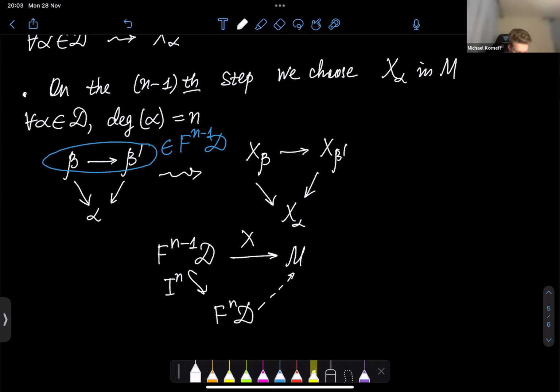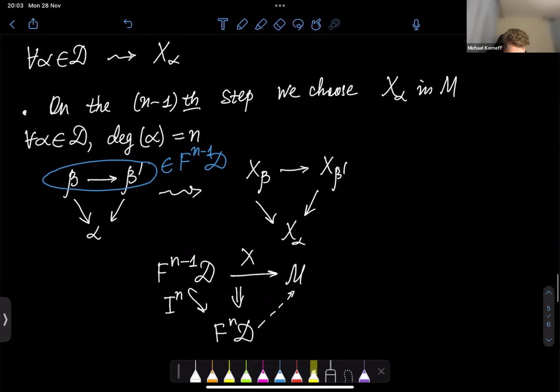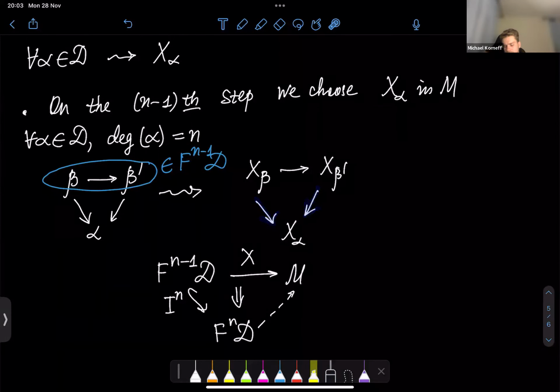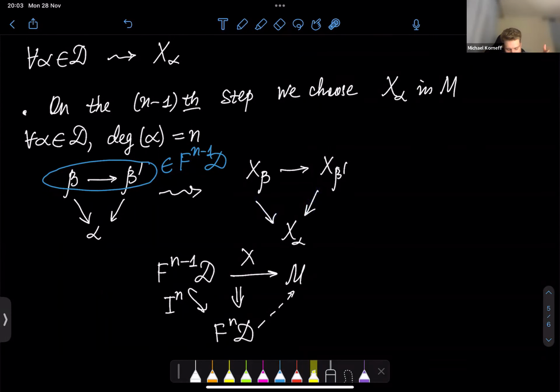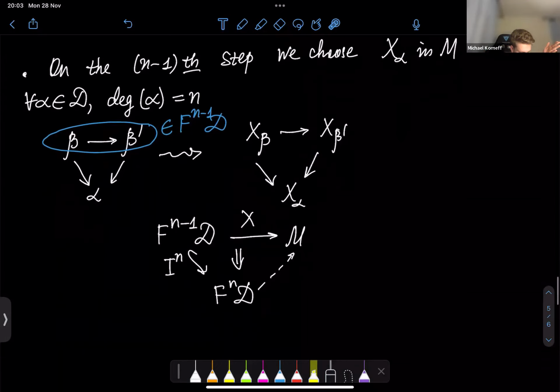But why do we choose the left Kan extension? Why is it not the right? It's simple because for x alpha we have the set of co-cones, so we should choose the left Kan extension.